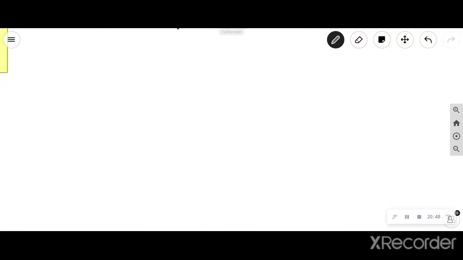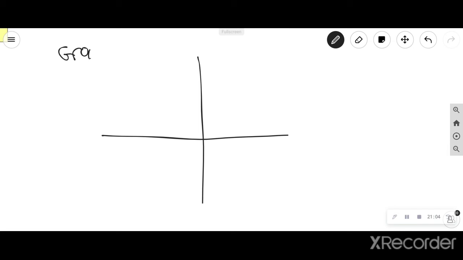Another way to solve this, to find out what x is, is that we can graph it. So we know that the cost would go here, since we've said that the cost would be x.